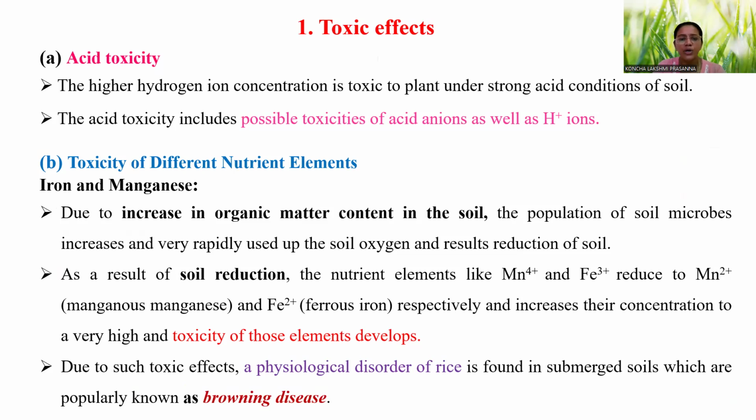Due to such toxic effects, one of the physiological disorders present in rice crops in submerged soils is known as Browning disease. Browning disease is a physiological disorder seen in lowland rice crops due to the toxicity of H+ and iron ions.